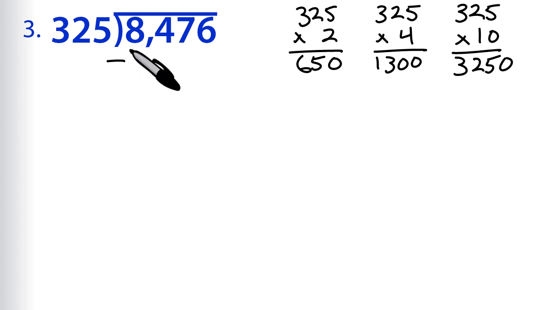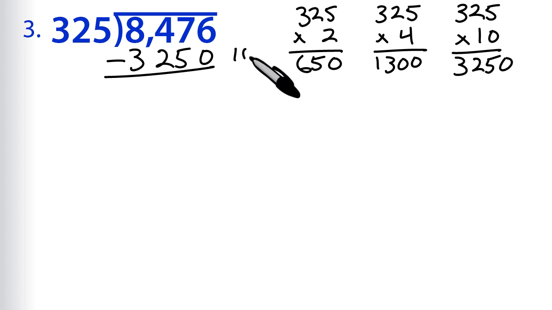So we will subtract 3,250. And let me write down what multiple that is. That's 10. So let's subtract that. So we have 6 minus 5 is 1... 7 minus 5 is 2. 4 minus 2 is 2. 8 minus 3 is 5. So we have 5,226 still.